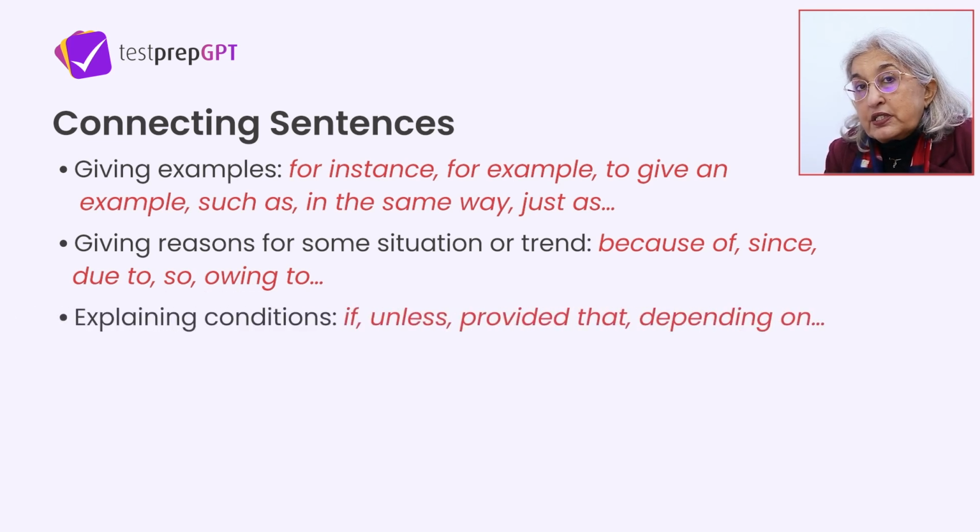Similarly, conditions. So you're describing certain conditions, and then you have to say, if, unless, provided that, depending on. So if we are looking at the problem of traffic in cities, you could say traffic in cities could be improved if. So you use the word if. But if you're going to put it in the negative, you say traffic in cities cannot be improved unless.